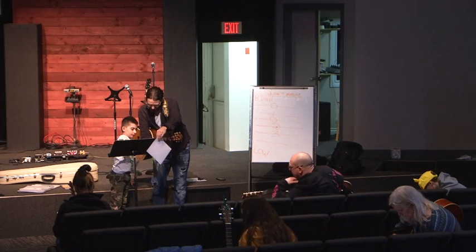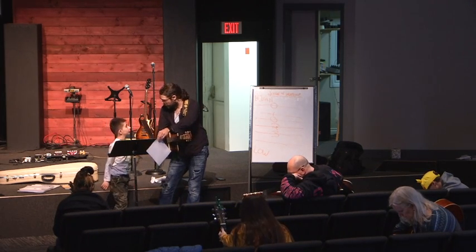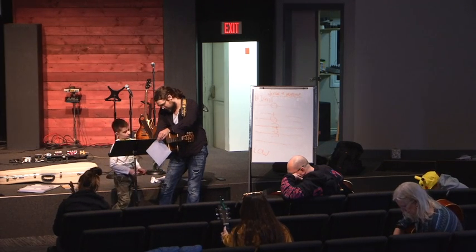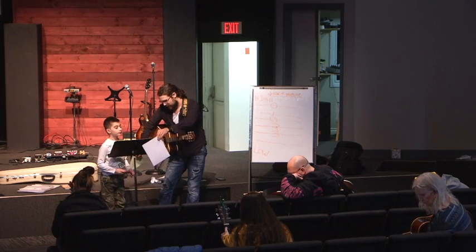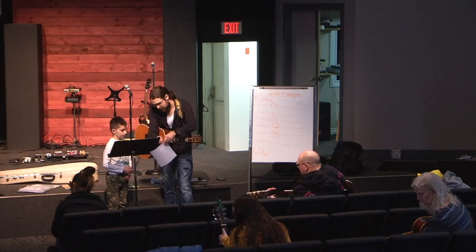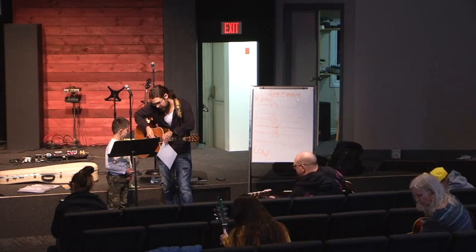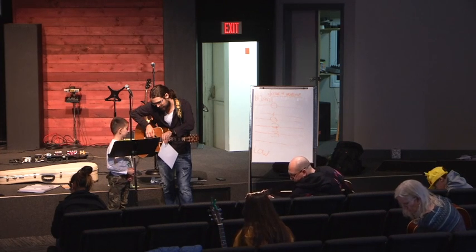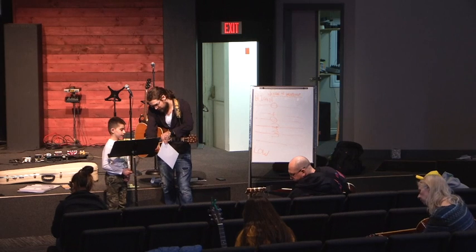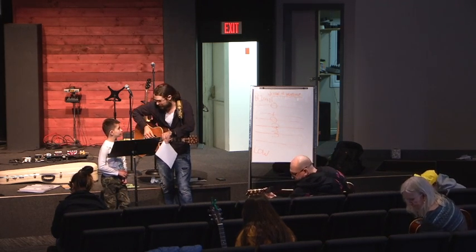The zero just means open, which means an open string. So if I see this 0 right here, I go, okay, well, it's not this string. It's not this string. It's not this one. It's this one. This string right here is that open note, because I'm not pressing any frets.